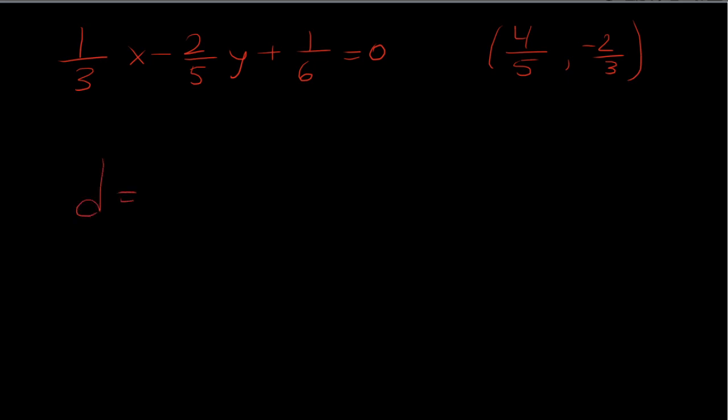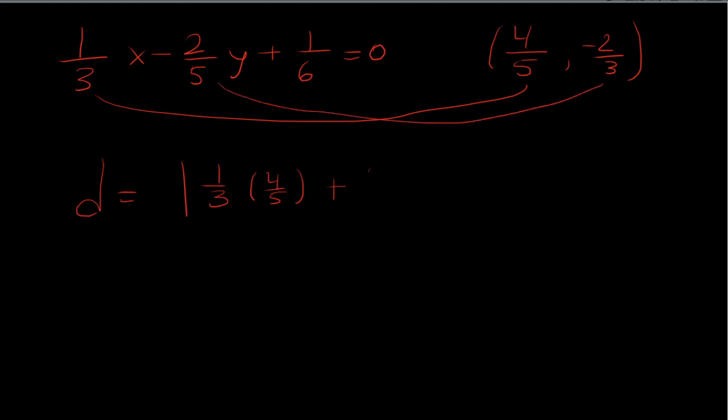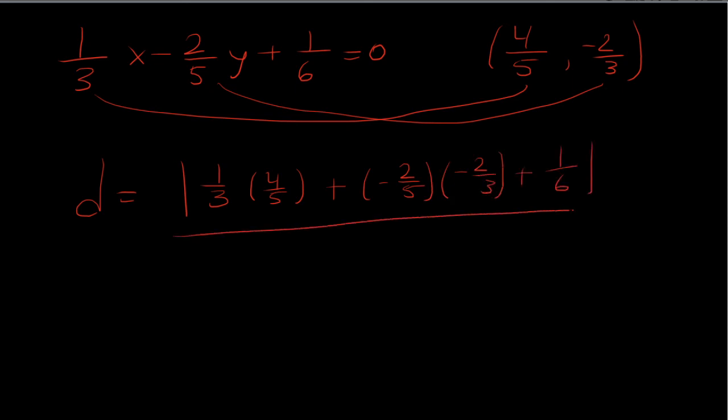Okay, so the distance will be the absolute value of the coefficient of x multiplied by the point x, plus the coefficient of y times the point y, and then plus the constant. Divide that over the square root of the coefficient of x squared plus the coefficient of y squared.